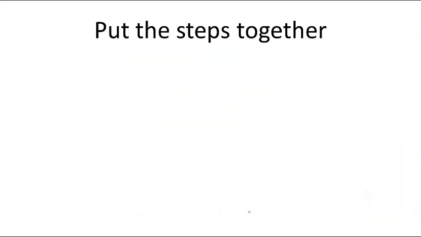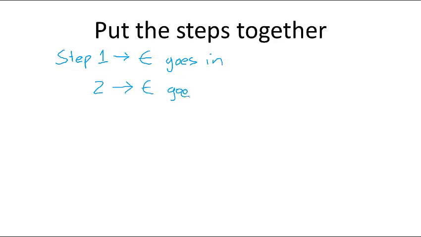So we have this 3-step process. We had step 1, unfavorable. Step 2, energy comes out, maybe a little bit. And then step 3, the lattice energy, that's usually a huge number, and that's what drives the reaction.